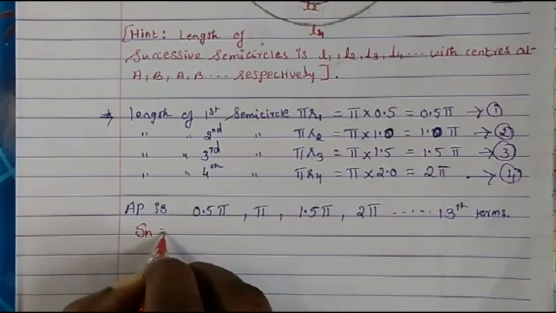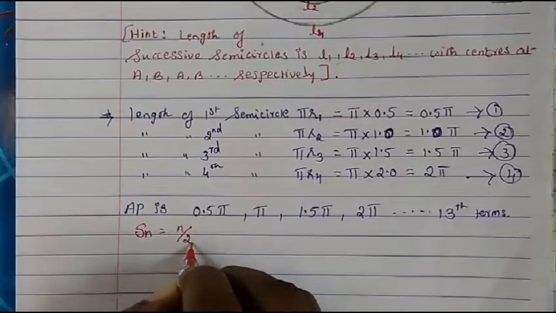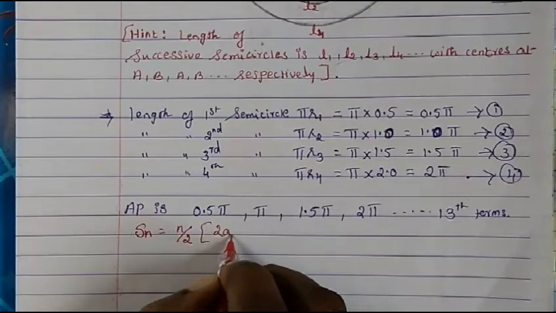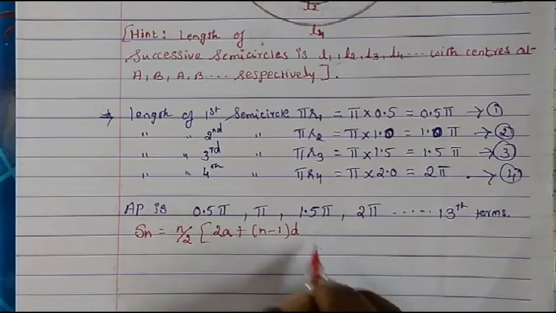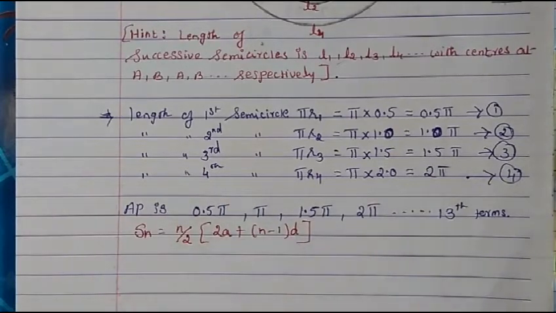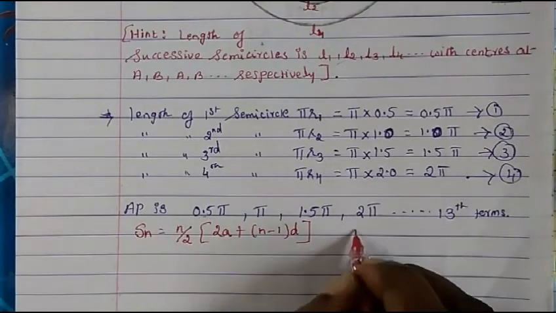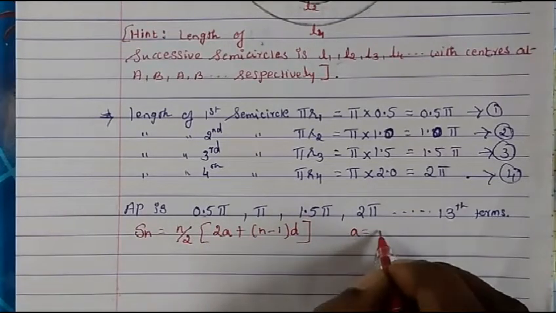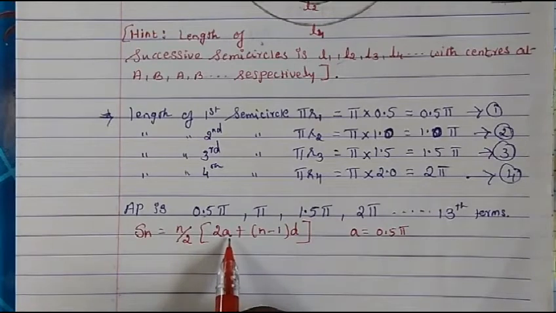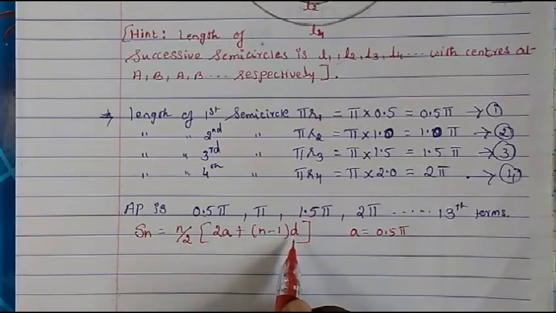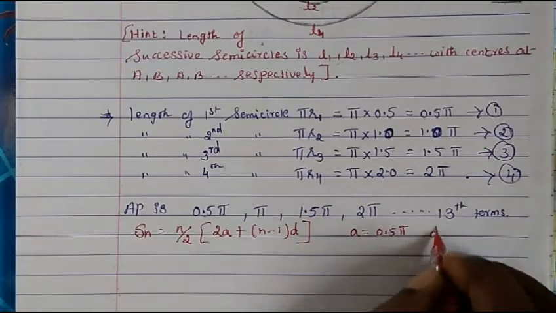That is Sn equals n upon 2 times 2a plus n minus 1 times d. We know the first term, so we know the a value, that is 0.5 pi. Then the d value we will get.